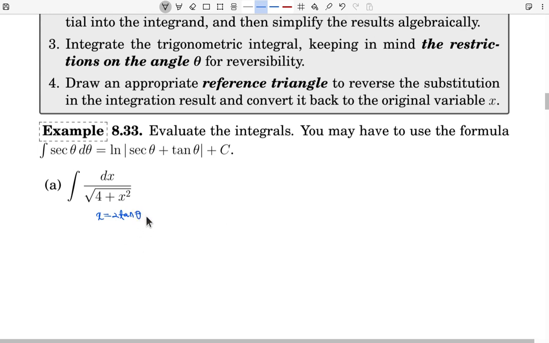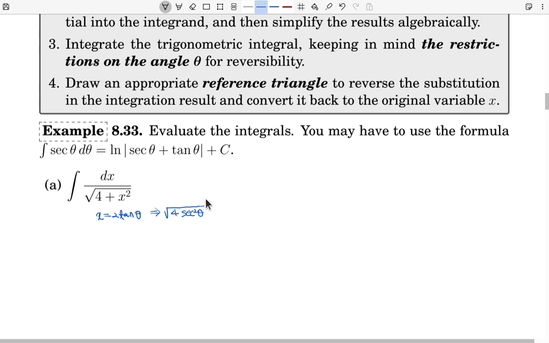Then inside the radical there is 4 plus 4 tangent squared theta, so that will become 4 times 1 plus tangent squared theta, which is sec squared theta, right?